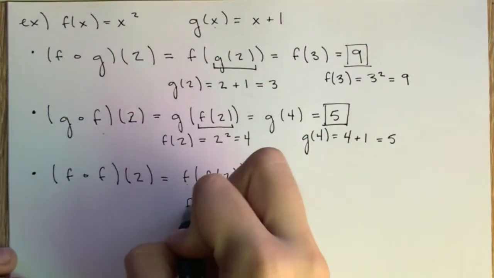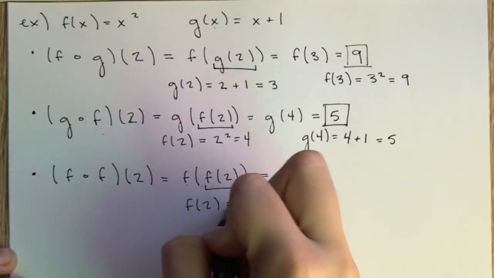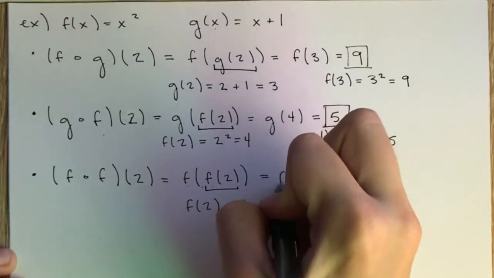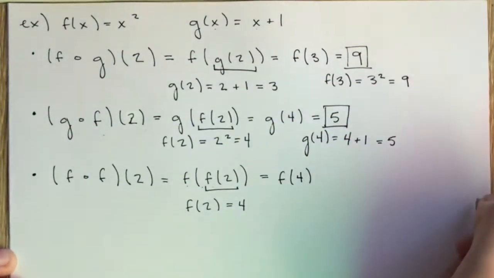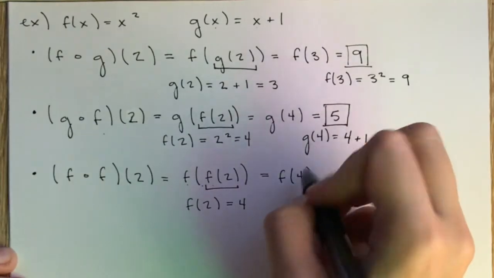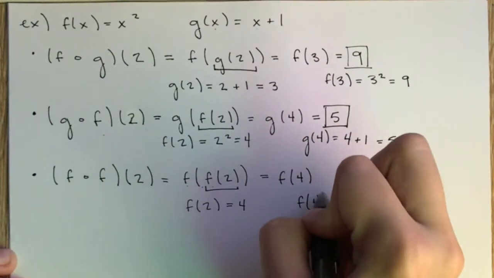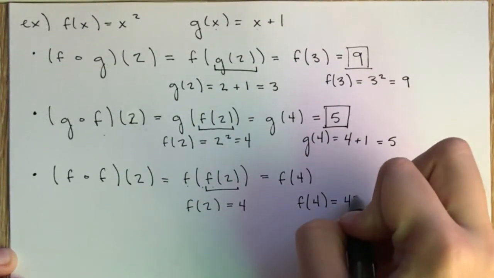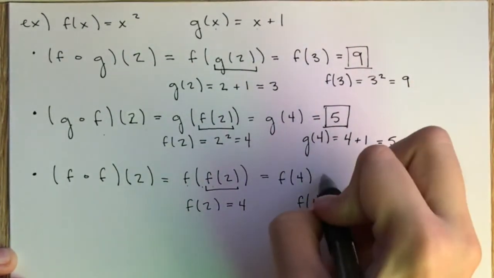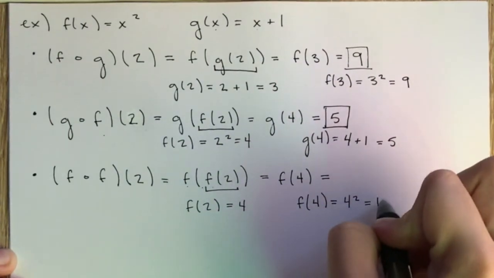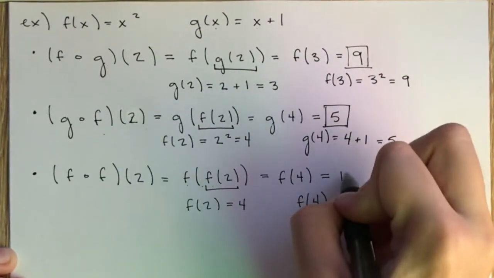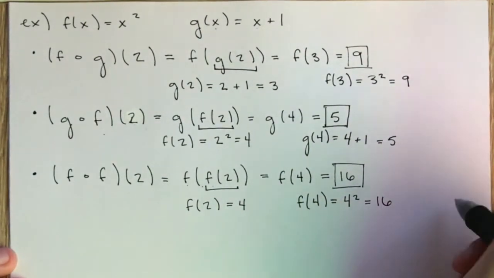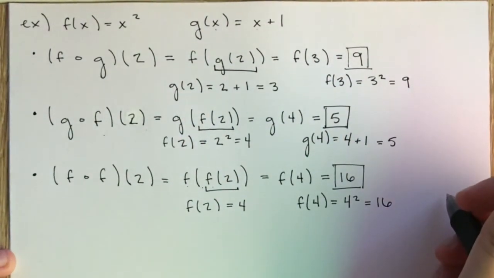Well, f of 2, again, we already said was 4. So we have f of 4. F of 4 is just 4 squared, which gives us 16. So 16 is my answer. That's it. Simple as that.